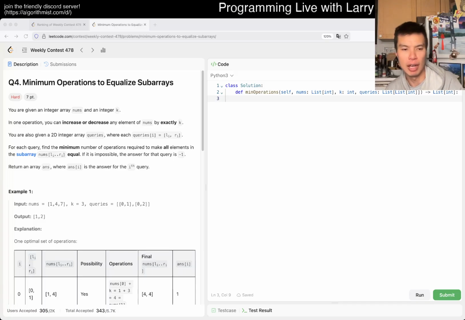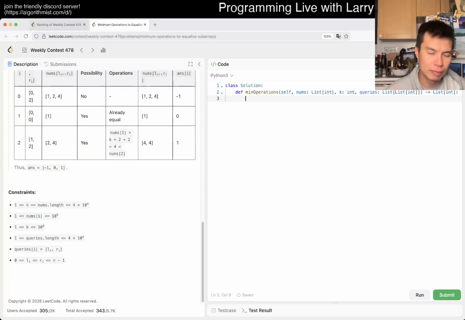But then you still have to do a log thing for each query. Square root of n times log n times q is going to be too slow, right?